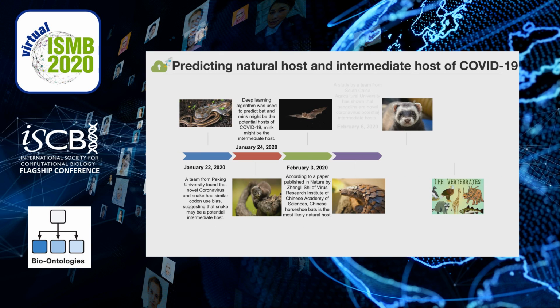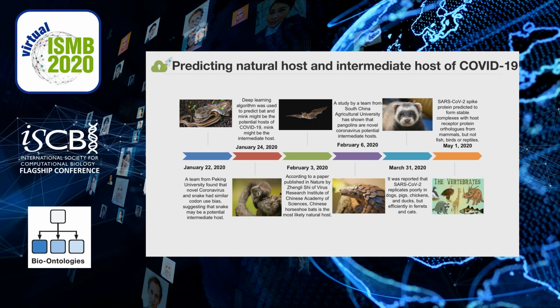As we all know, from January 2020, there have been many studies on the potential hosts of COVID-19. Some animals have been found experimentally or just computationally predicted, like the snake, the mink, the bats, and the penguins.